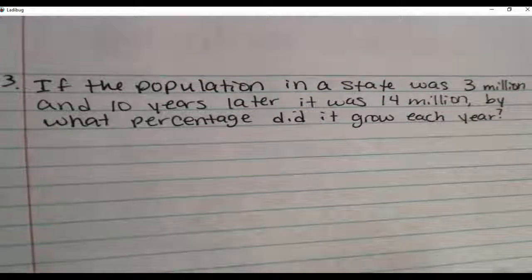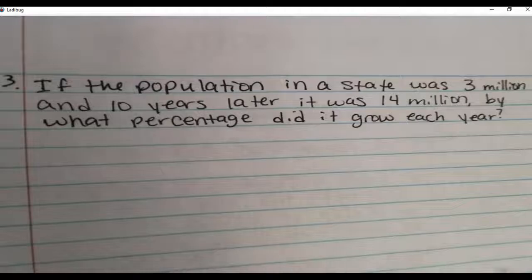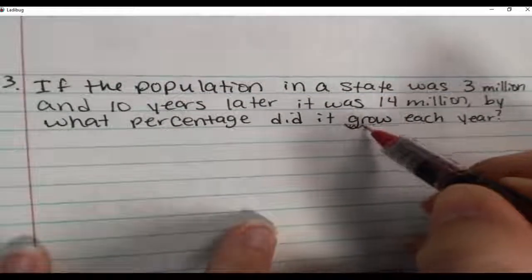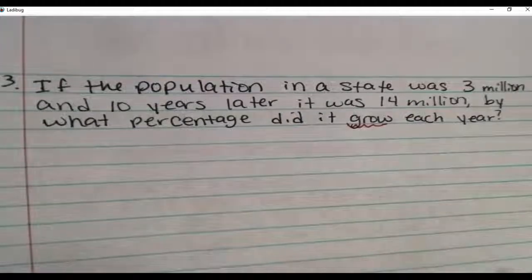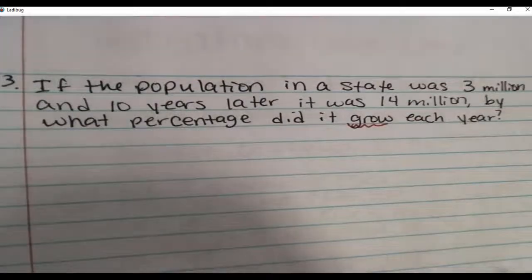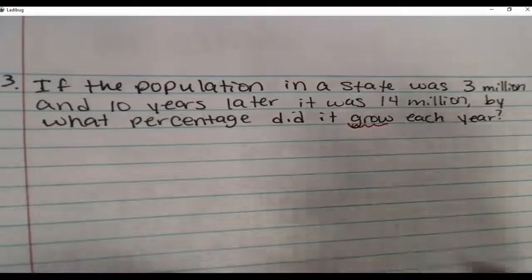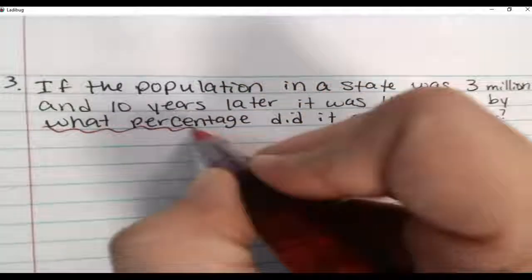So which formula should we use? Growth. How do we know it's growing? Yeah, so it's going up. It says grow. So y is how many, what are we trying to find? Percentage. So we want to solve for r.